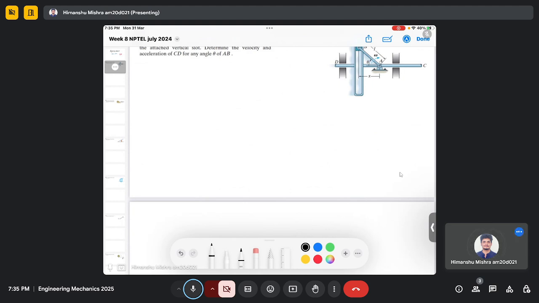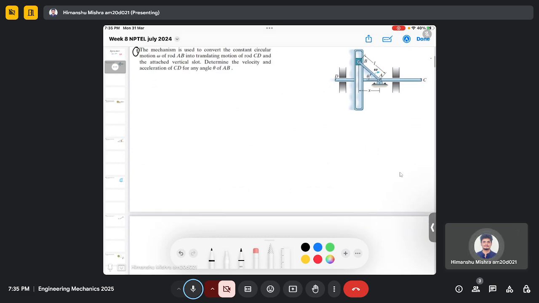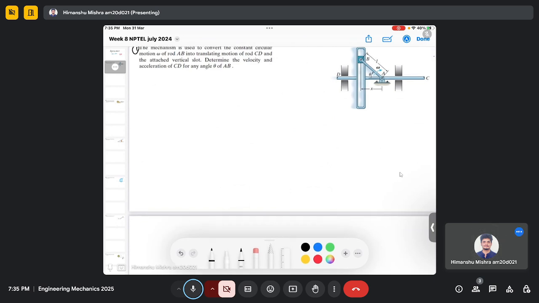Basically, in the previous class, we studied the velocity and acceleration concept for a moving body. It was mostly in Cartesian coordinates. So we already know the simple relation of velocity, which is the rate of change of displacement, and acceleration, which is the rate of change of velocity in time.